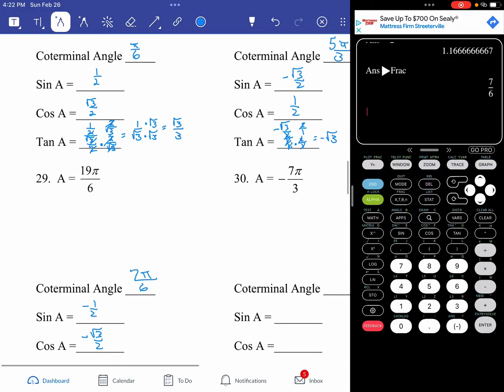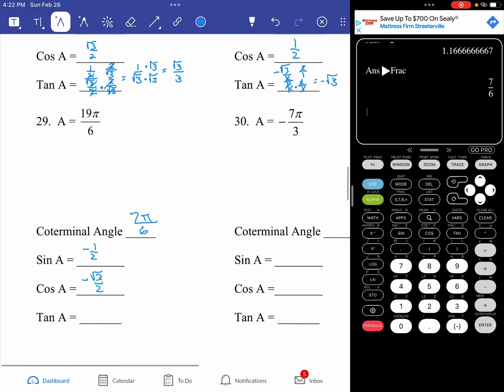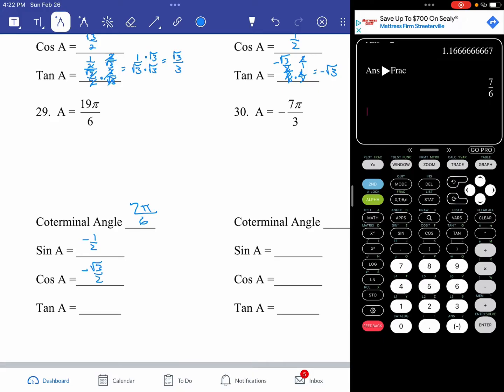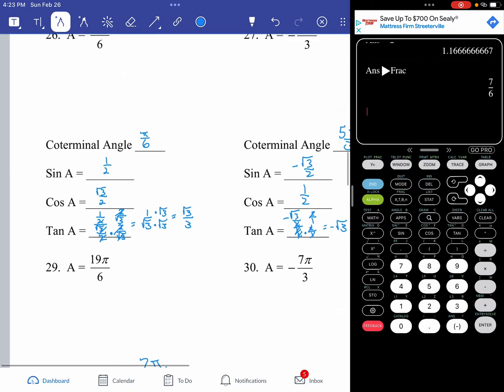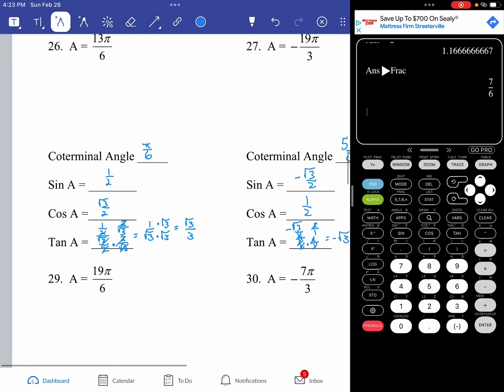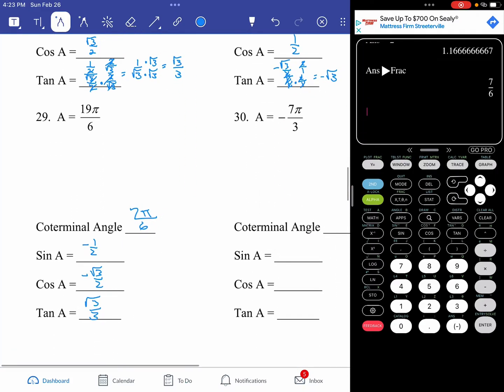So we have negative 1/2 divided by negative root 3 over 2. So I don't need to go back and redo the math part. Since both those terms are negative, it's going to be a positive root 3 over 3. A negative divided by a negative is a positive. We've already done 1/2 divided by root 3 over 2 up here in question 26. I know that's what it's going to be, so I don't have to show the work again because I've already done it.